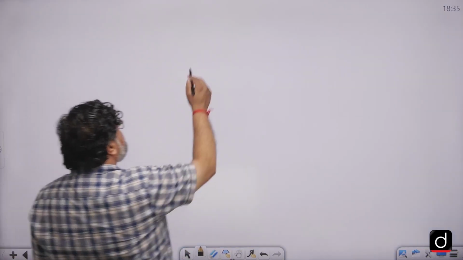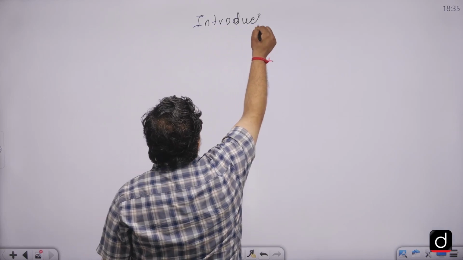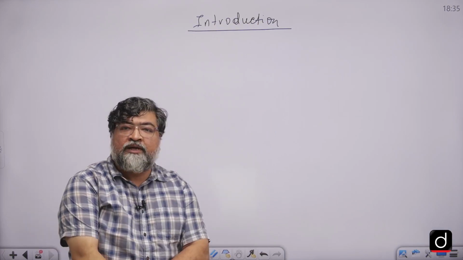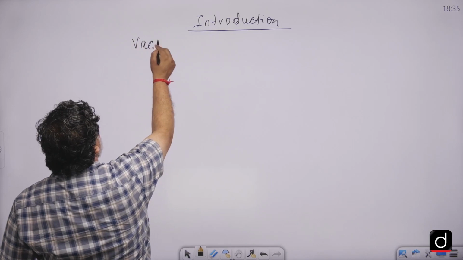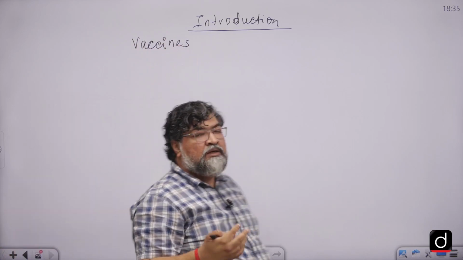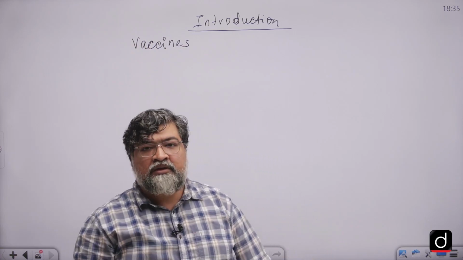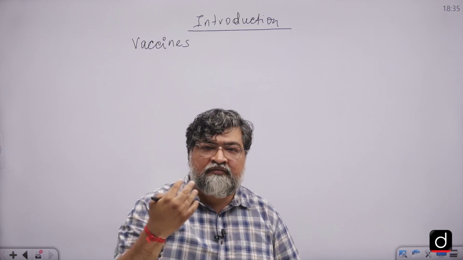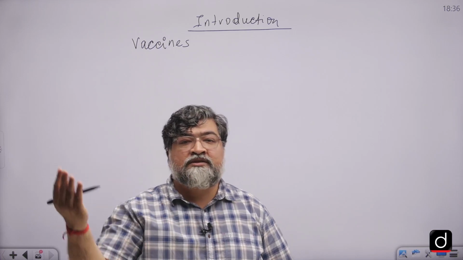Let's look at the first part, the introduction of the answer. What do you have to write here? You can write about biotechnology research. Biotechnology is an integral part of human development, and the development of vaccines, drugs and different types of therapies helps human beings fight diseases.